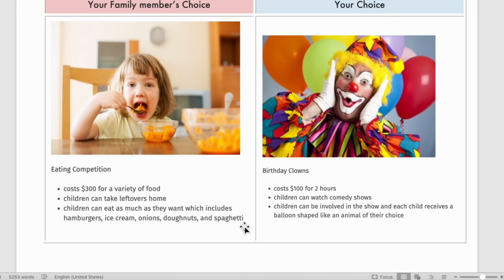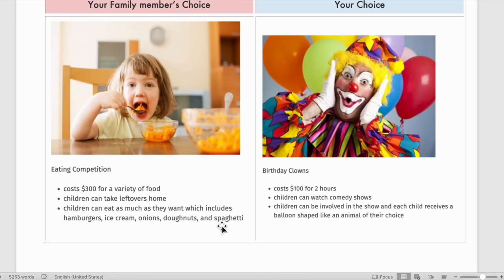Okay, so there are many ways to answer this, but I think the best way would be to try to say why each part of your choice, cost, children can watch comedy shows, and children can be involved in the show, is better than the eating competition.